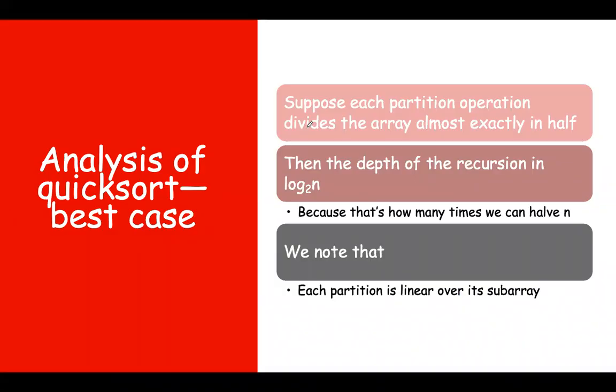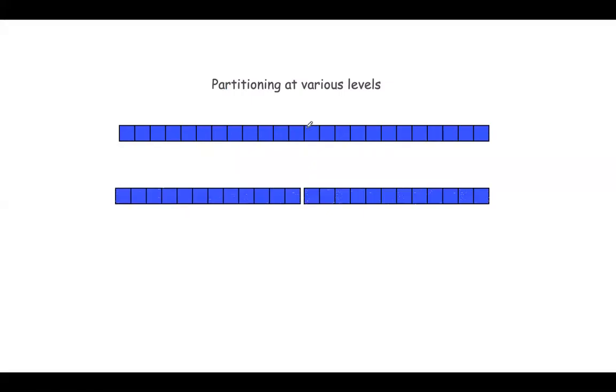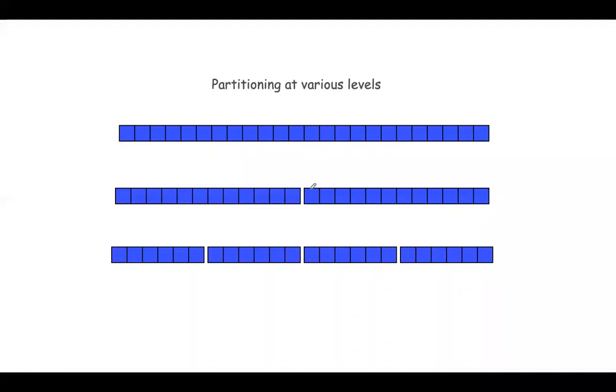So, quicksort analysis: best case or worst case, chances are there. This is one example for the best case. If this is the given array, and the array is divided exactly into half in the first pass, and then further again divided into half, like this, half like this.